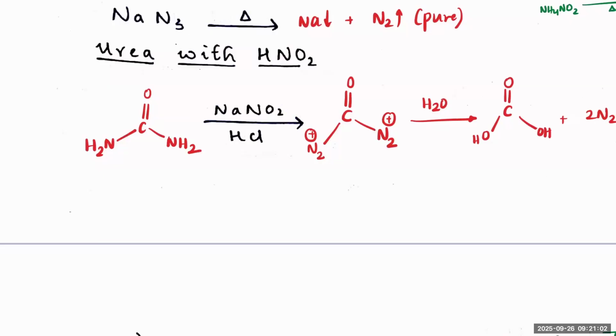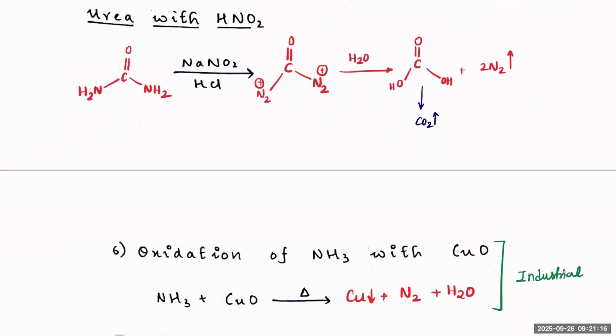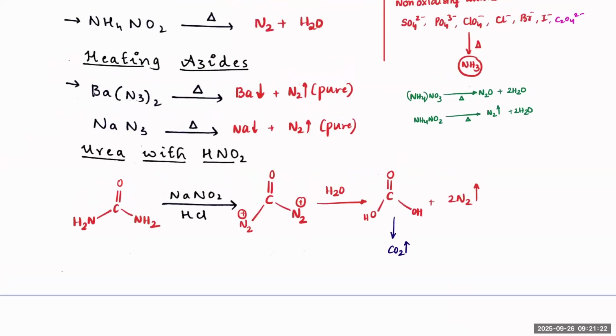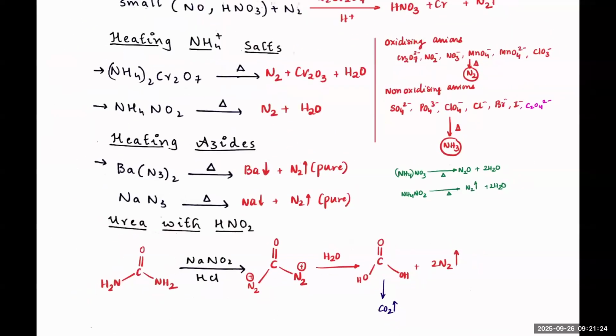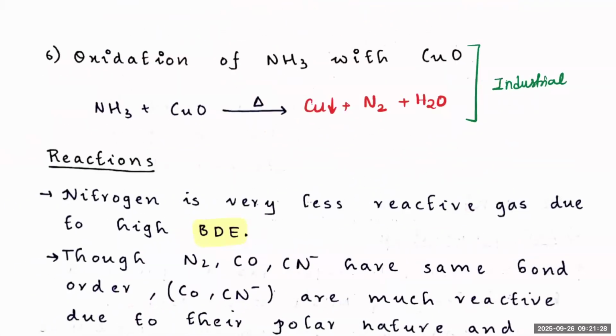And as you hydrolyze it, N2 gas will come out, and carbon double bond O will connect with two OH groups, which will eventually convert into carbon dioxide. Clear? So this is how you will get the product formation by heating azides and reacting urea. So these are a few ways to extract nitrogen or prepare nitrogen gas.